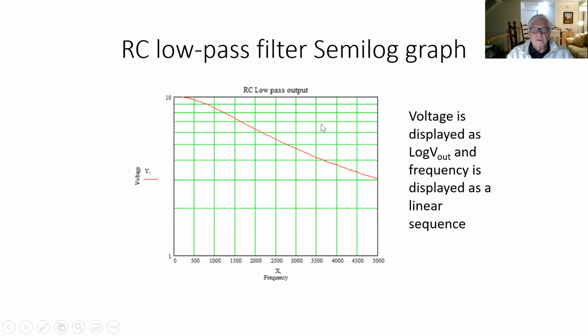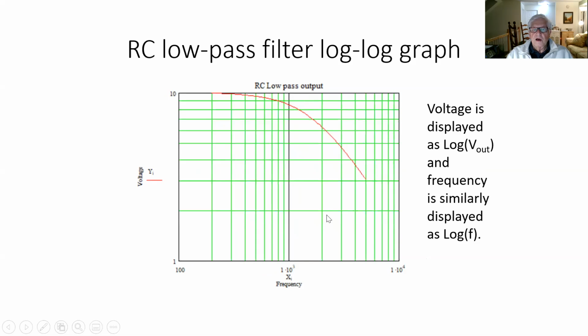If we put the output on a semi-log scale, where we haven't changed the frequency, we flatten out the curve somewhat, almost making it linear.